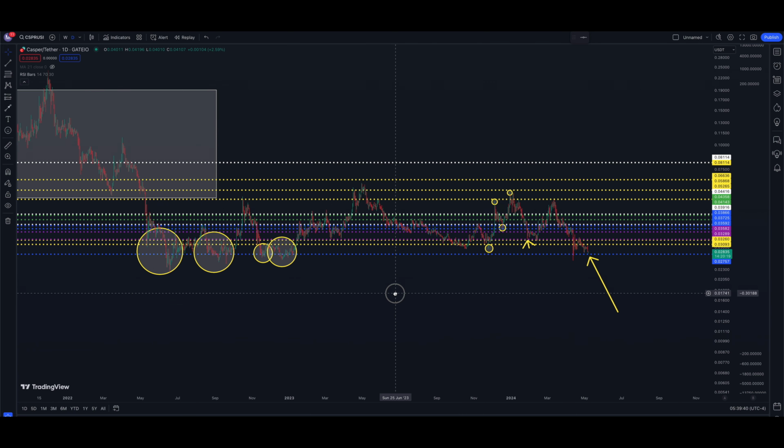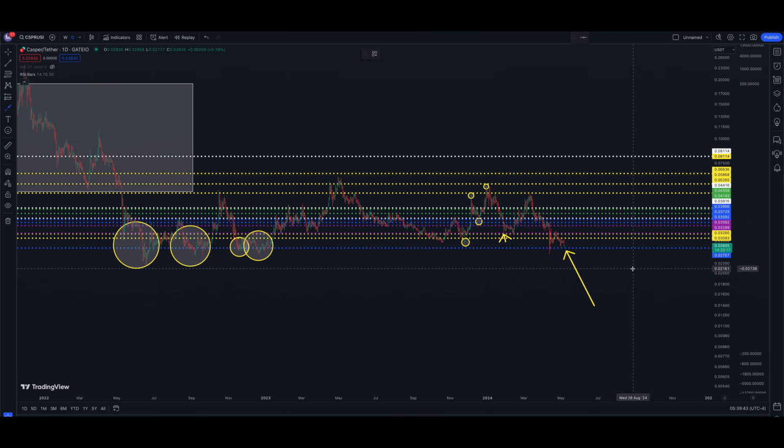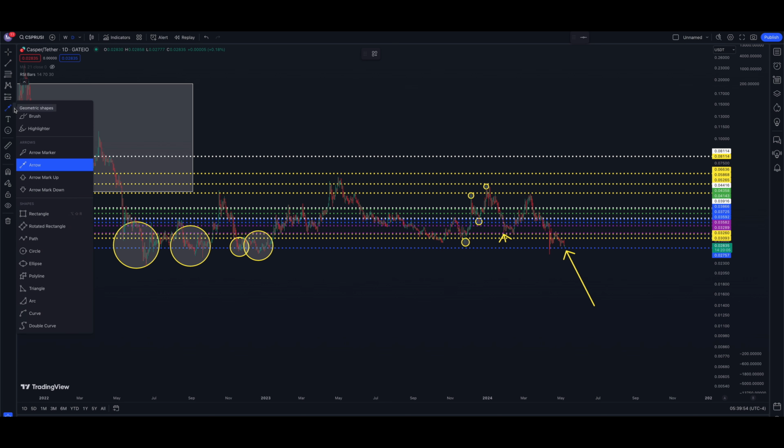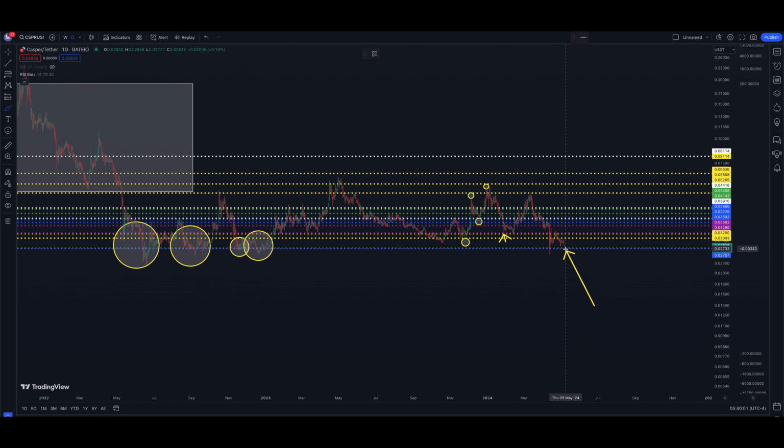So I think that's possible for Casper if this area, which is right around the 0.02757 area, does not hold. I think the price will break that floor of support, which has been a floor of support going all the way back to 2022, into a ceiling of resistance. So maybe a breakdown lower, initially pretty strong, and then we trade sideways and we turn that area into a ceiling of resistance, creating a whole new trading zone.